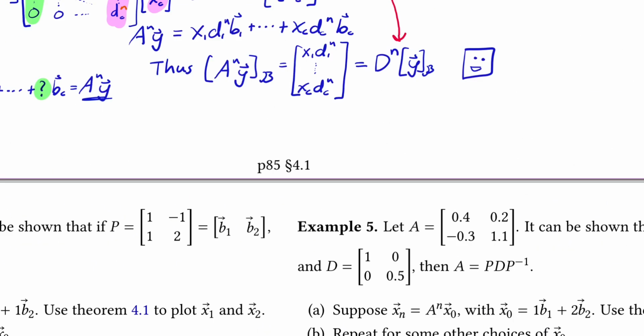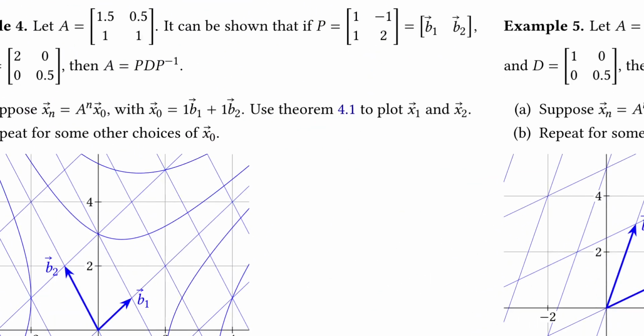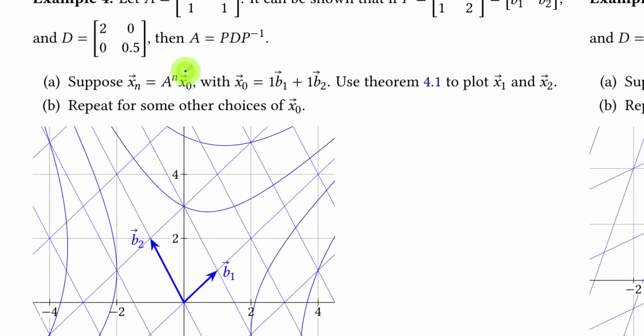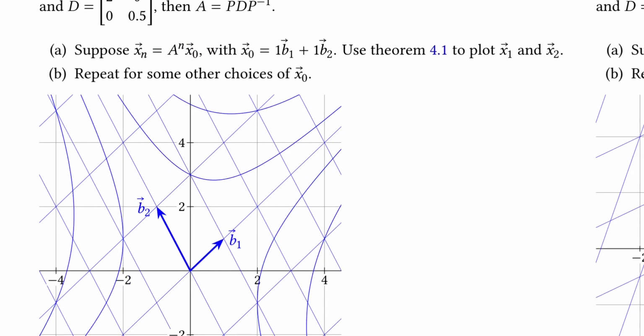And that means the diagonal coordinates theorem applies to this. Now we're going to think about doing powers of A times this vector x0 here. And x0 is 1 b1 plus 1 b2. In other words, x0 is right here, because I want 1 in the b1 direction and 1 in the b2 direction.